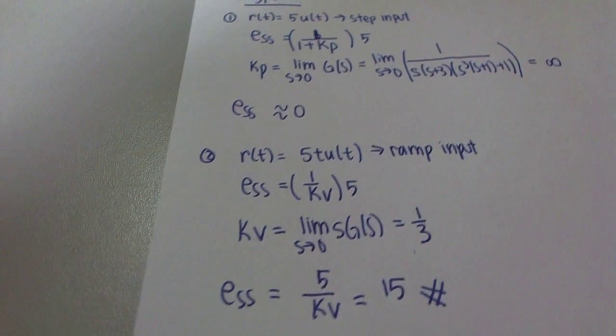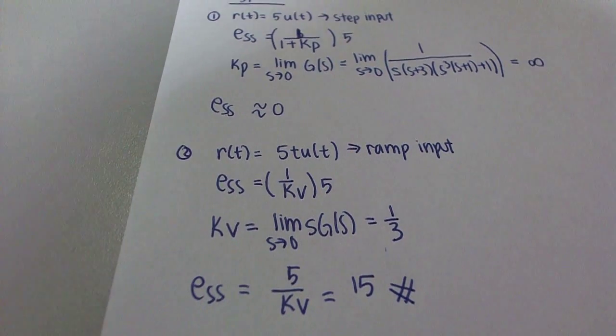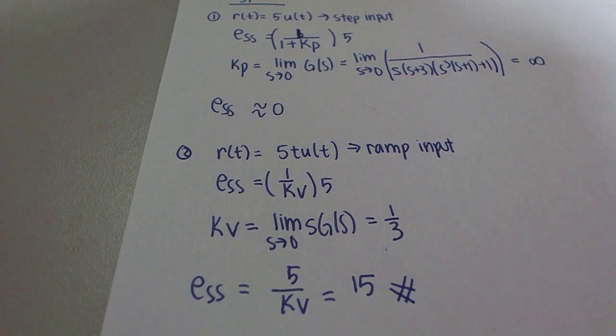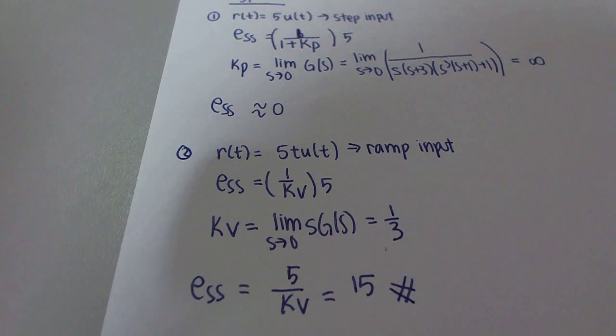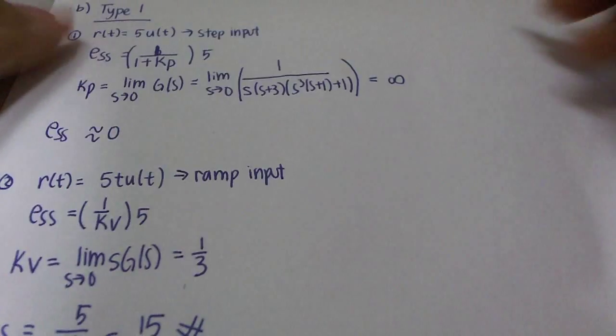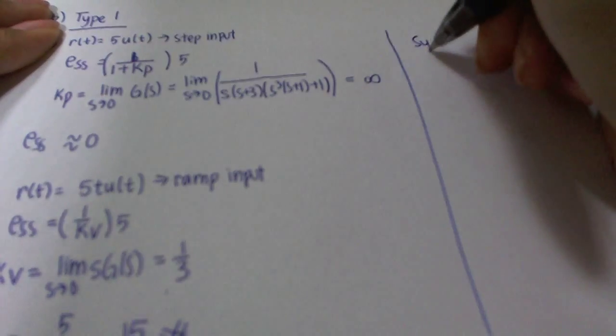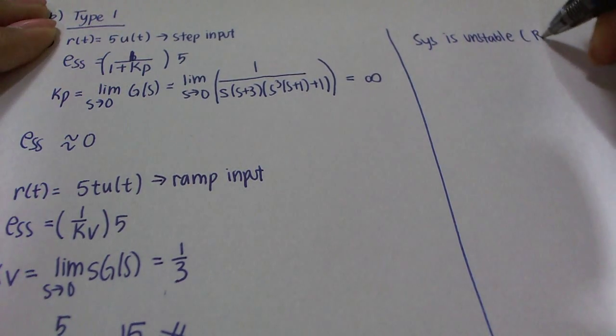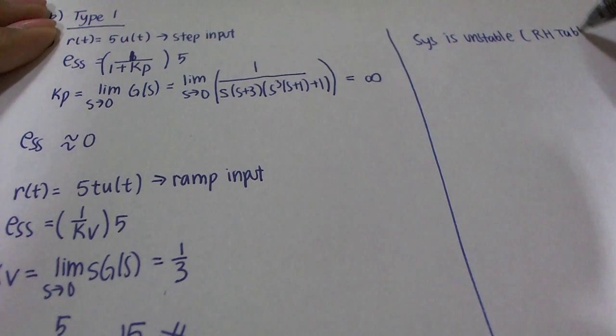And the question is asking us basically to discuss the validity of the steady state error. And actually, if we want to find whether the system is stable or not using pole zero location or Routh-Hurwitz table, we can find that the system is actually unstable. This can be proven by the Routh-Hurwitz table.